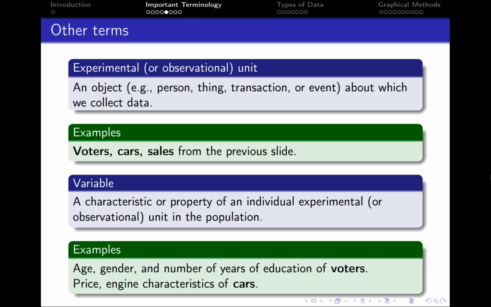Whereas a variable is a characteristic or a property of an individual experimental unit in the population. For example, we might study the age, gender, or number of years of education of voters from California, or we can, for example, study the price and engine characteristics of cars. So a car, once again, is an experimental unit, and price and engine characteristics are the variables that we would like to study.